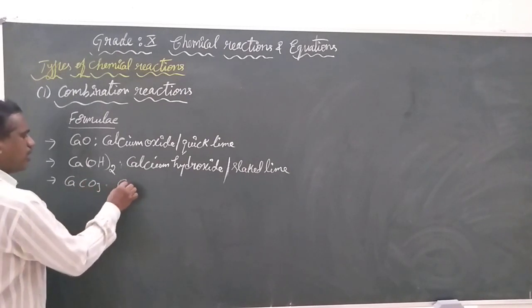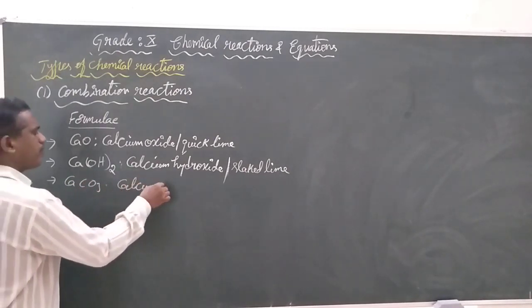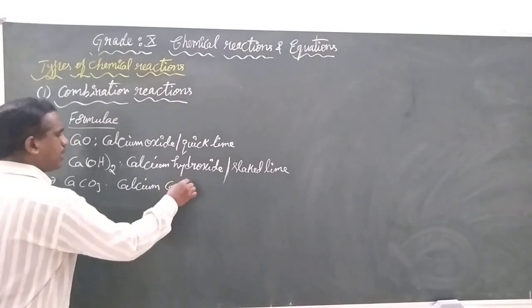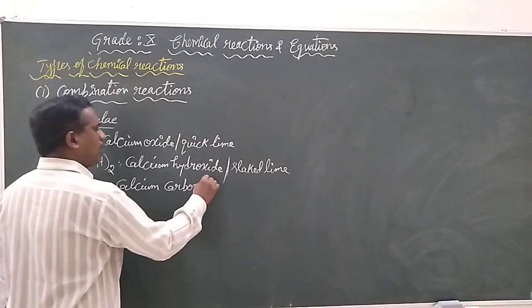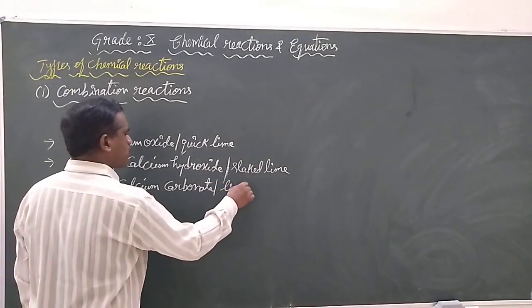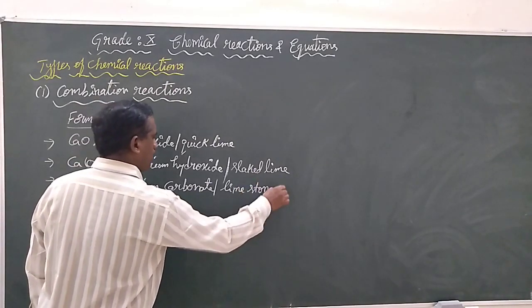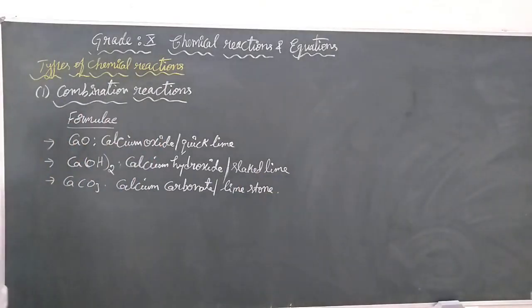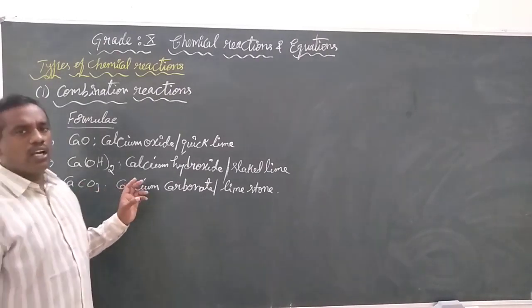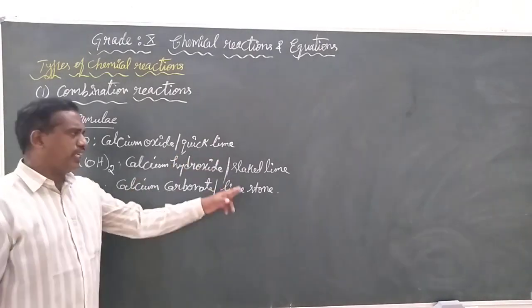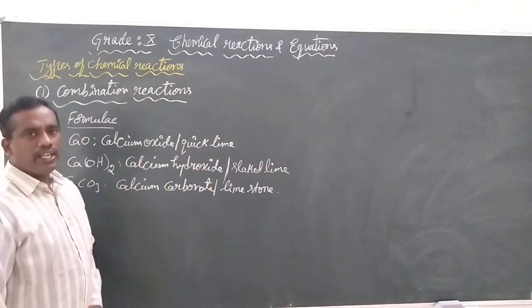CaCO3 is calcium carbonate, or limestone. So these are the three important general names, and these are their chemical names.